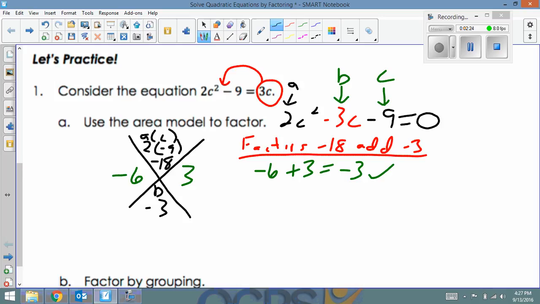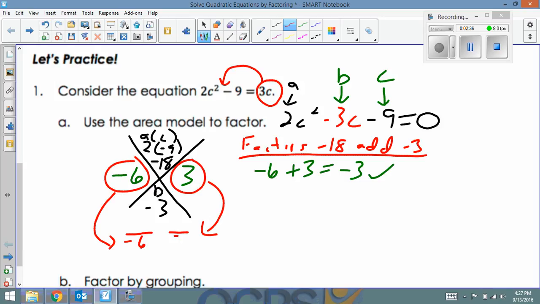So now we're going to take those numbers that we just came up with, bring them down, and write them as the denominators of my fractions. In the top of each fraction, we're going to take the A value and put it in place as the numerator. So I'm going to have a numerator of 2 here and a numerator of 2 here.